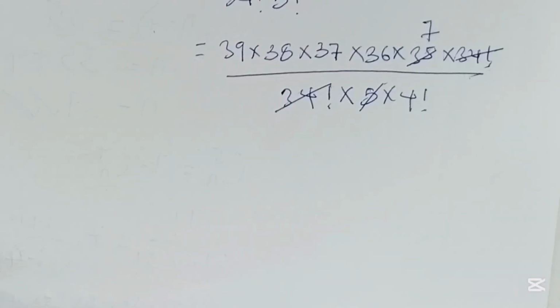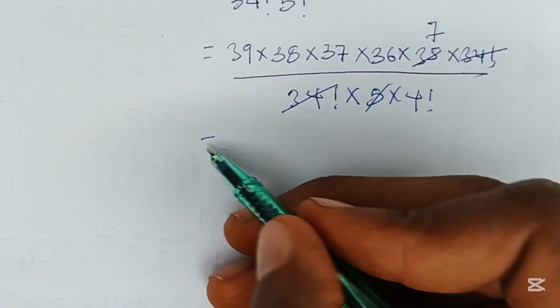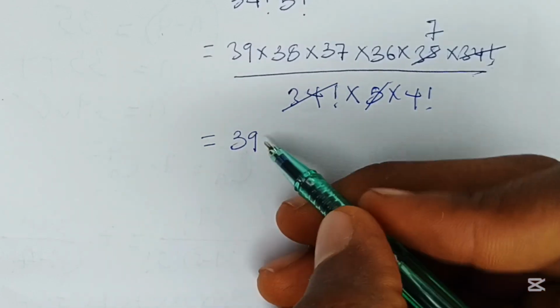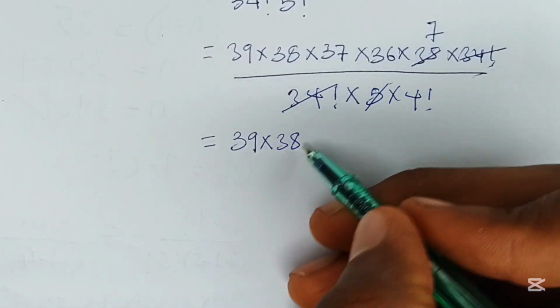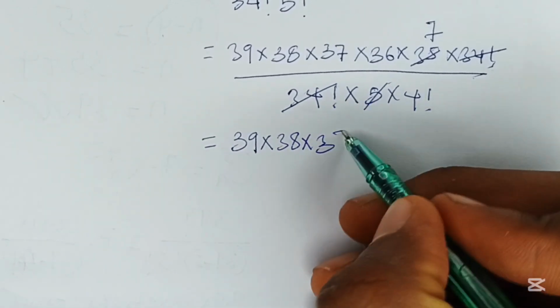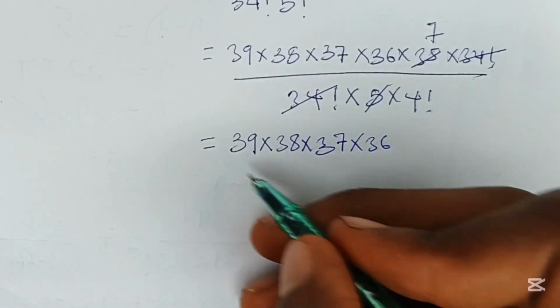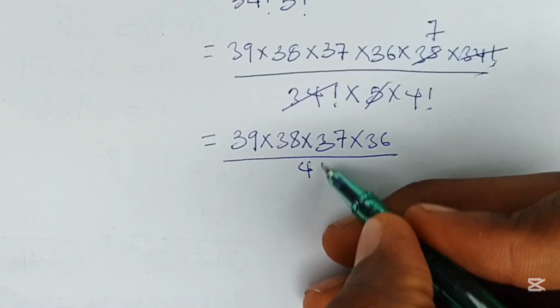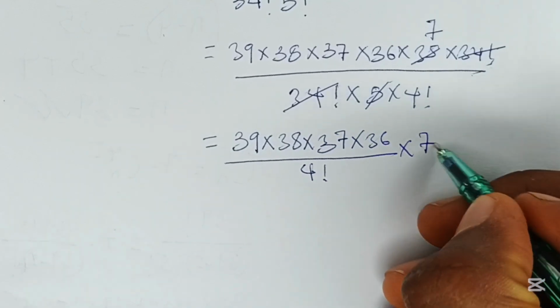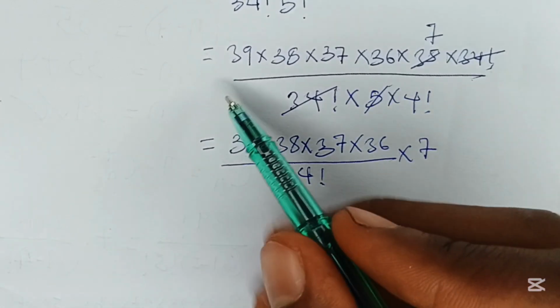What we have left is 39 times 38 times 37 times 36 all over 4 factorial times 7. So this is for the left hand side.